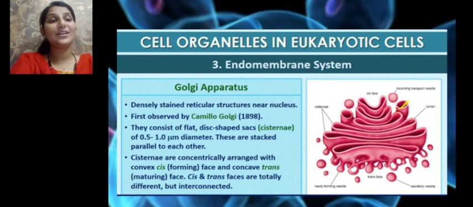The cis phase is convex, whereas the trans phase is concave. So the cisternae, stacked one above the other, are arranged concentrically to form a cis phase, which is convex and is the forming phase, and a trans phase, which is concave and is the maturing phase. Both the cis and trans are different from each other, but they remain interconnected within this Golgi complex.